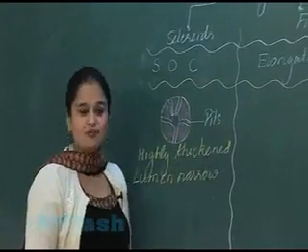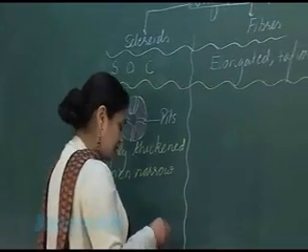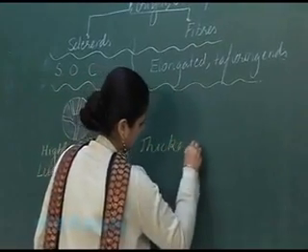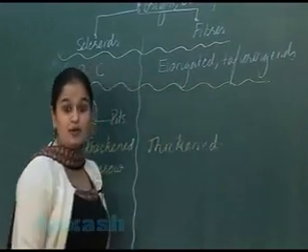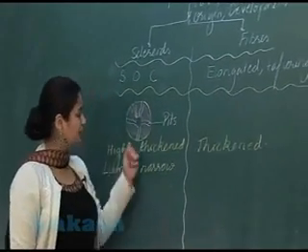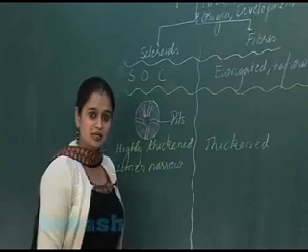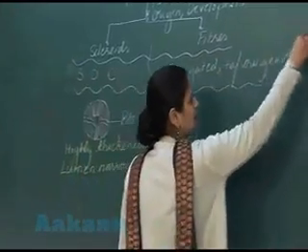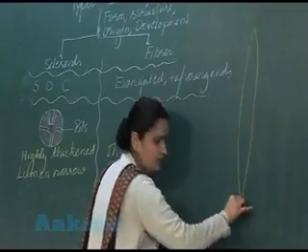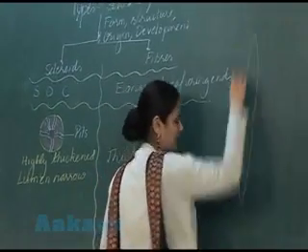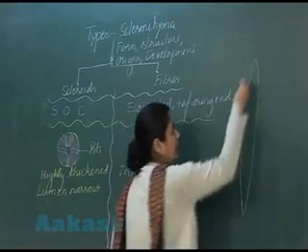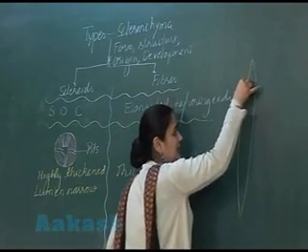Now in the case of the fibers, again the wall is thickened, but the thickening is comparatively less as compared to the sclereids. Just now I have discussed the fibers, they are elongated in shape like this with tapering ends. Again the wall is thick.